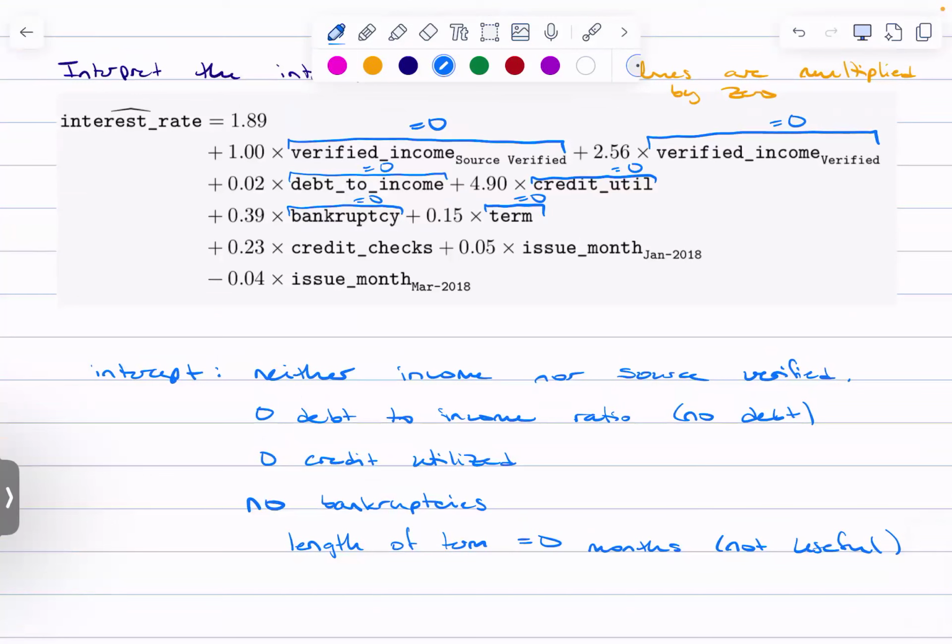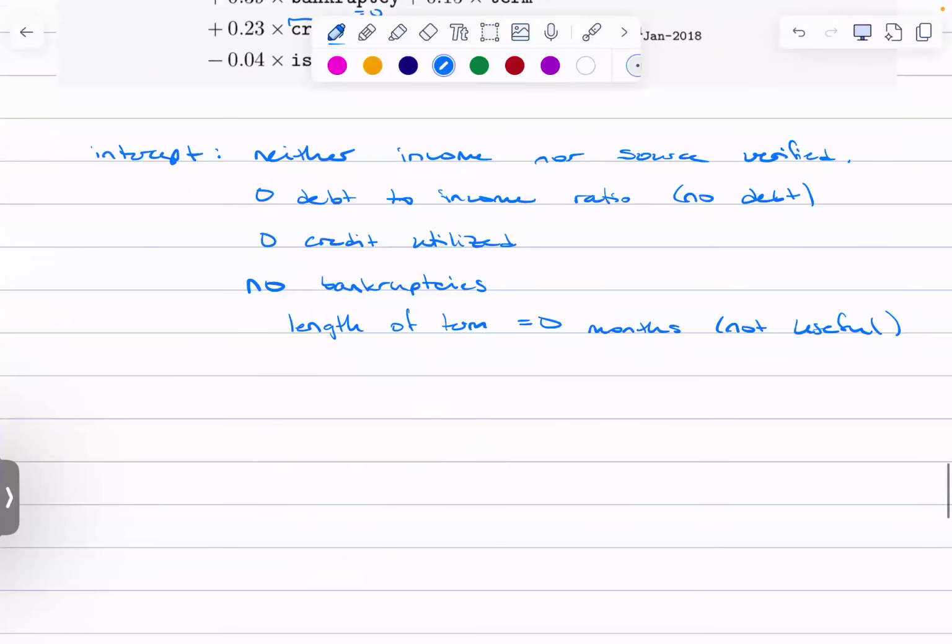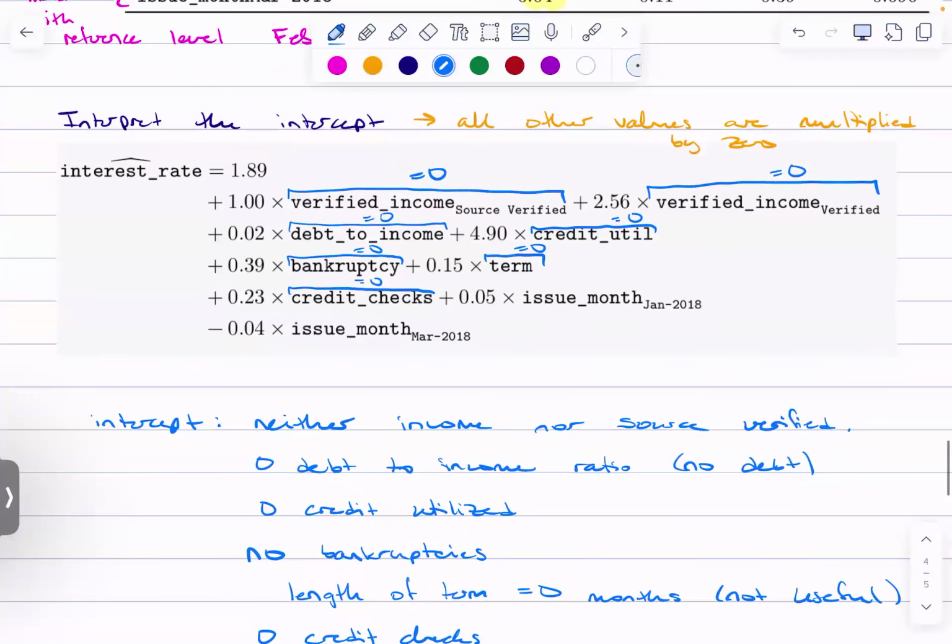The credit checks have to be 0, so 0 credit checks. That can happen. Issue month January has to be 0. And I'll follow it up with issue month March has to be 0.